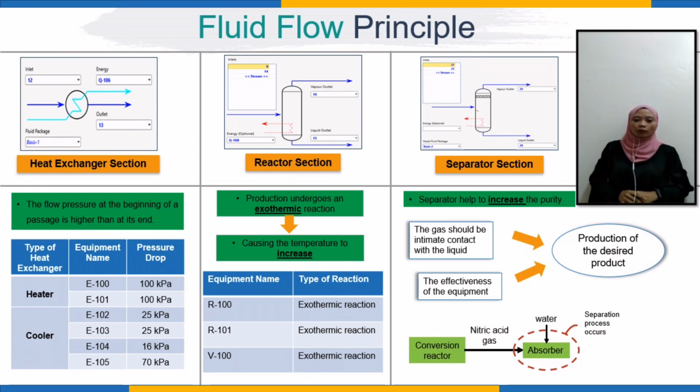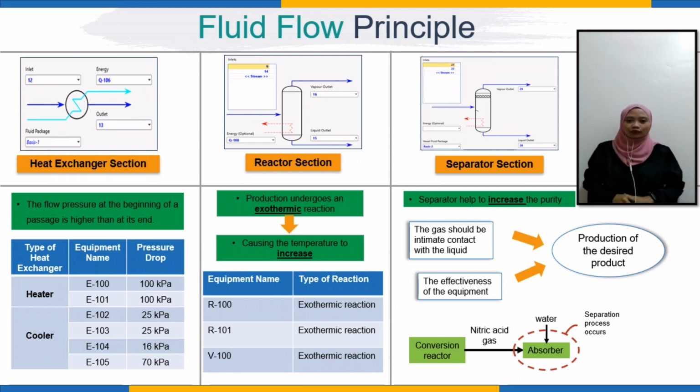From the table, it can be seen that the pressure drop for heaters E100 and E101 is the same, at 100 kPa. Coolers E102 and E103 also have the same pressure drop value, at 25 kPa. Moreover, the pressure drops for E104 and E105 are 16 kPa and 70 kPa respectively.